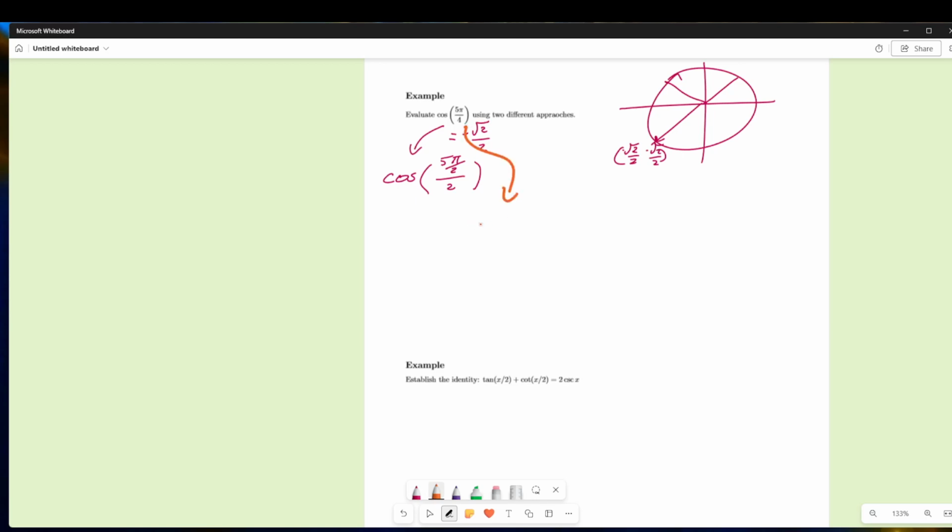We could turn this into the cosine of 3 pi over 4 plus 2 pi over 4 if we wanted to. That's probably a nice option. Yeah, I like that option. Let's do that option. That one's nice because this reduces to just 1 pi over 2. So that's going to reduce to pi over 2.